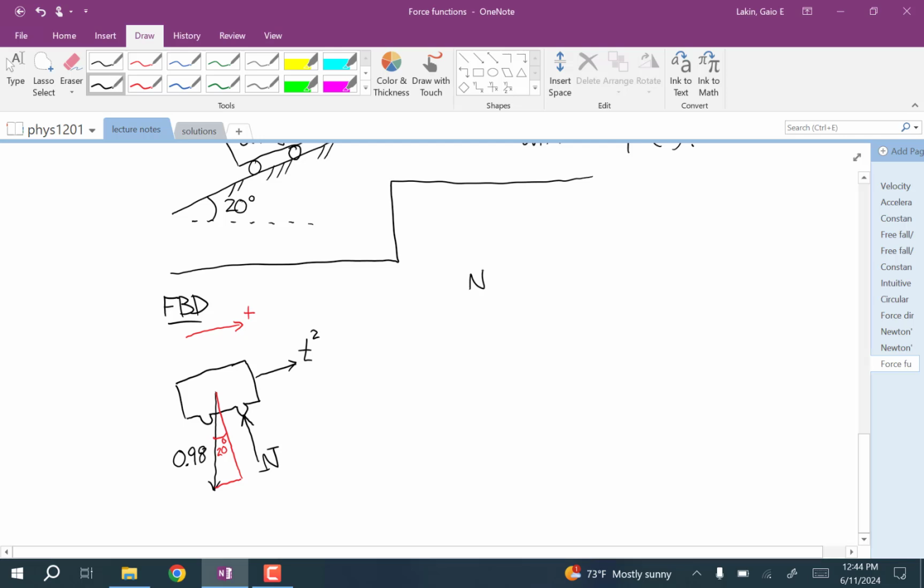And so now we'll go to Newton's second law and plug in all these forces that are parallel to the surface. We have negative 0.98 times the sine of 20. That's from SOHCAHTOA. The force t squared is in the positive direction. And all that is equal to the mass times the acceleration.